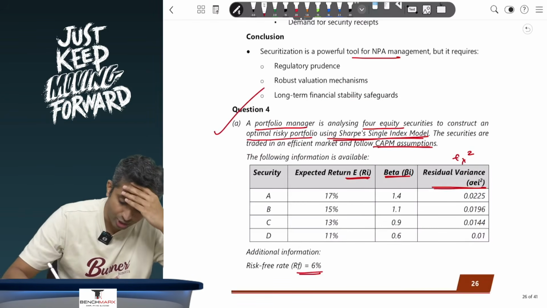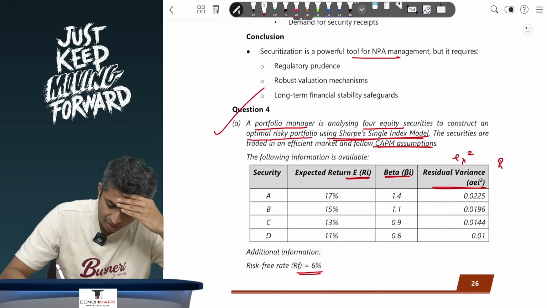So I try to calculate the reward to risk ratio. This is return minus the risk-free rate upon the beta.